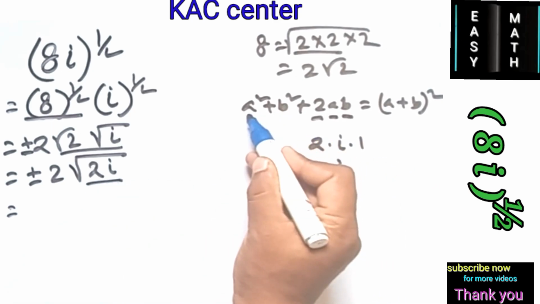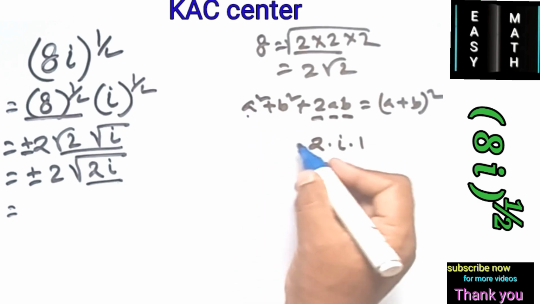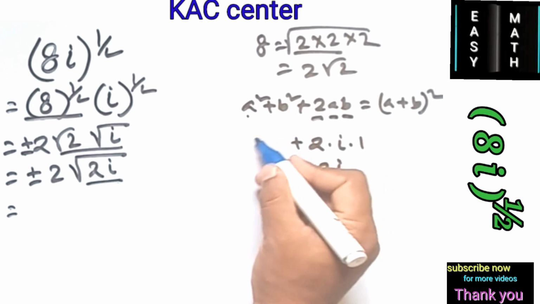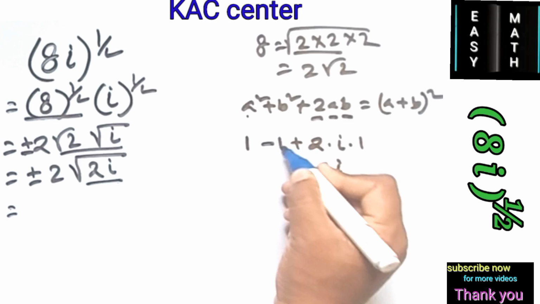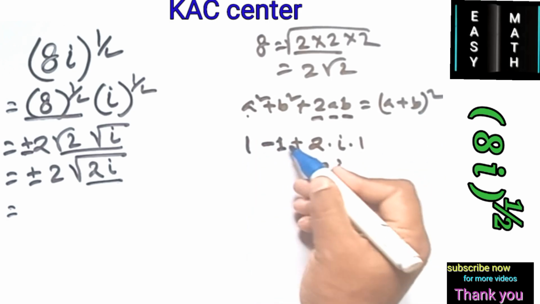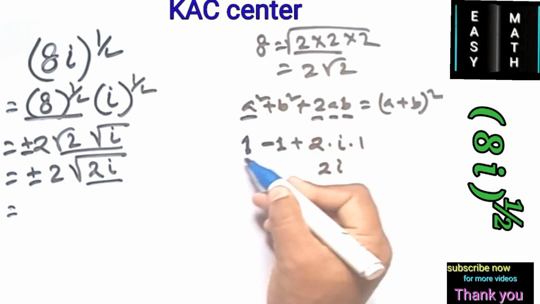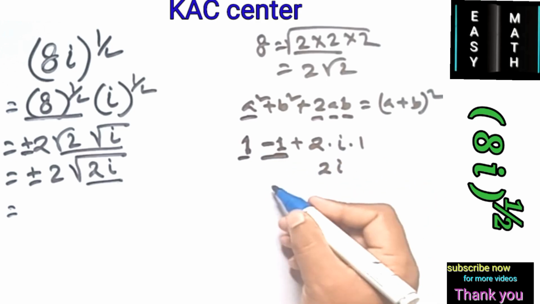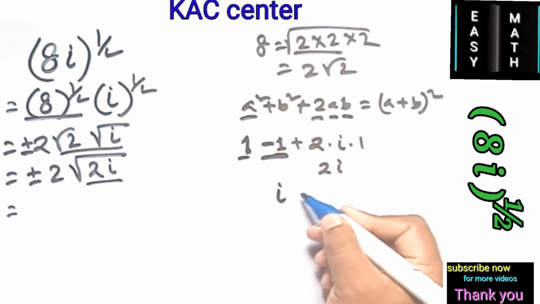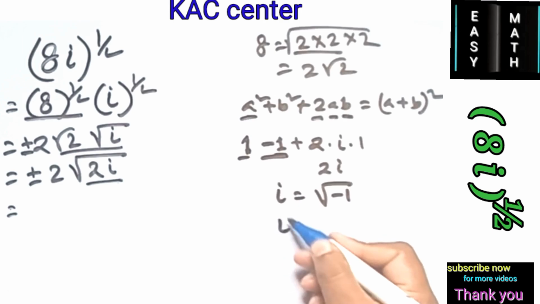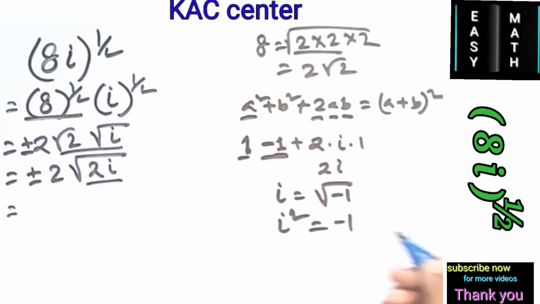And this one, so there is the 1 minus 1, to cut there. So this is the 1 and this is the minus 1, and this minus 1 we can write, i squared is equal to minus 1.